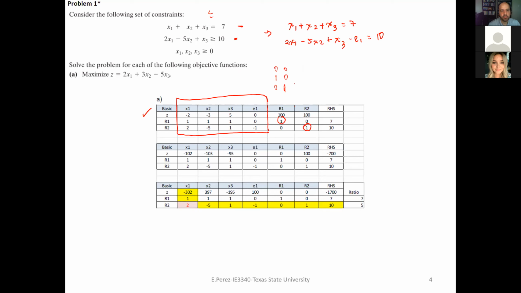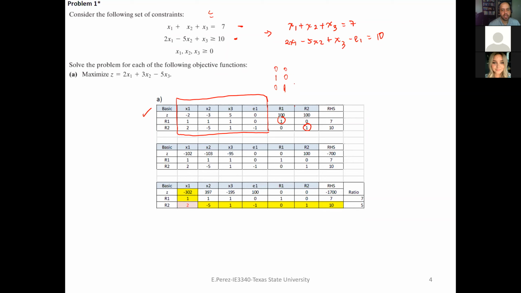But for this problem, and this will be the same for all problems that have constraints that are equalities and greater or equal to, you will not be able to find an initial solution to start the simplex method. So the idea with this big M method and the two-phase method is for you to be able to find an initial solution so you can apply the simplex algorithm.